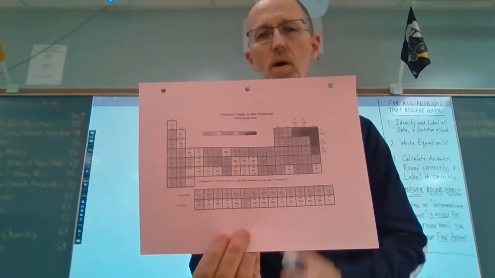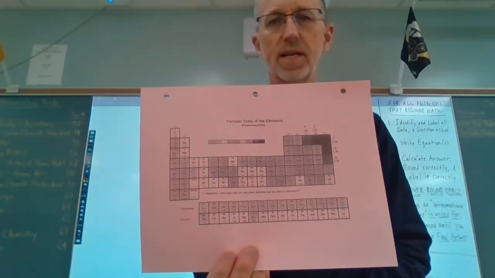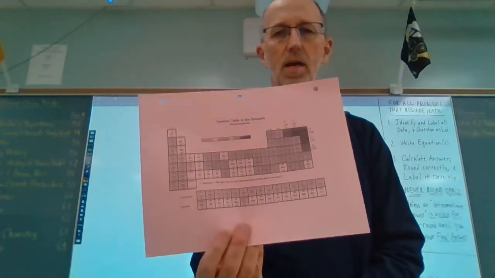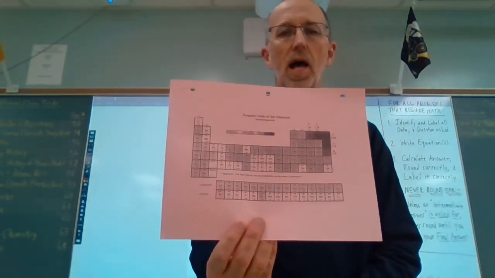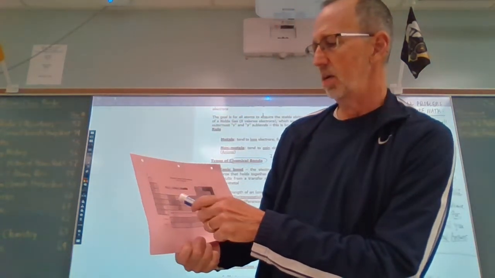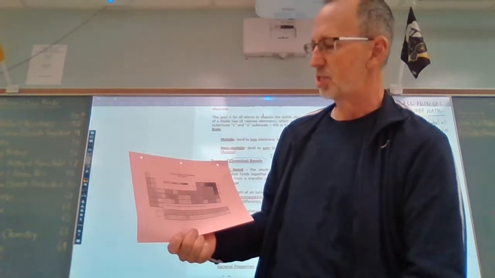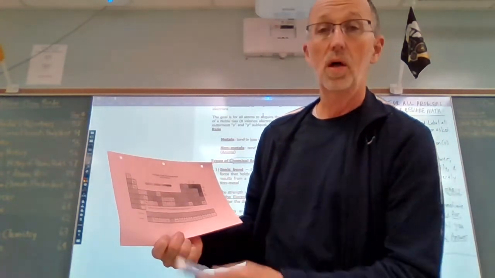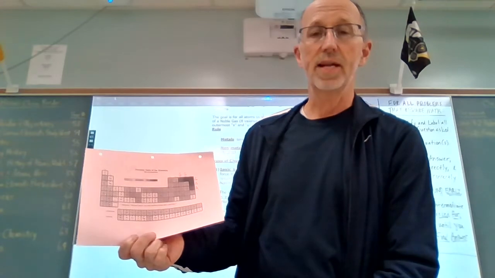We had a similar one back in Unit 3.2 when we were studying trends. This one is a little more updated, all right, and complete. So if you look, all you see here on the electronegativity chart is the symbol of the element. Up above it is its atomic number, and then below it is its electronegativity.